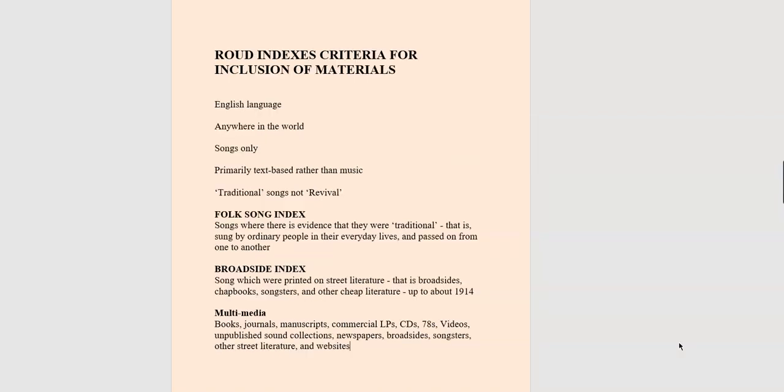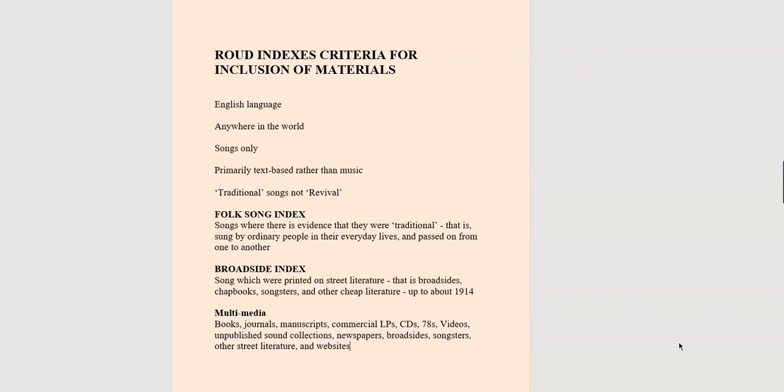So the further criteria for what goes into the folk song index, and the broadside index for that matter, is that they have to be in the English language. You can't index things that you don't understand, but they can be from anywhere in the world. So English songs from the USA, from Britain and Ireland, from Canada, Australia, West Indies, anywhere else they're found as long as they're in English.